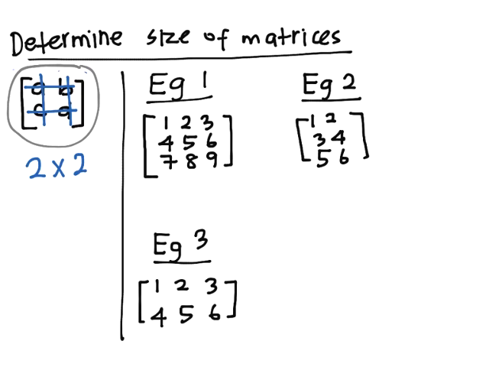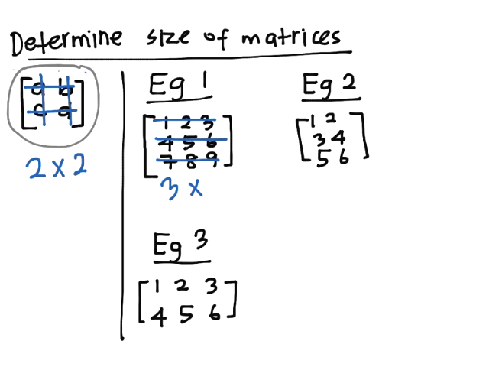Now let us go with the first example. We want to determine the size of the matrix for 1, 2, 3, 4, 5, 6, 7, 8, 9 in example 1. The same thing, we need to calculate how many rows we have. Rows always go horizontally, so we have 1, 2, and 3 rows, which is 3 by.